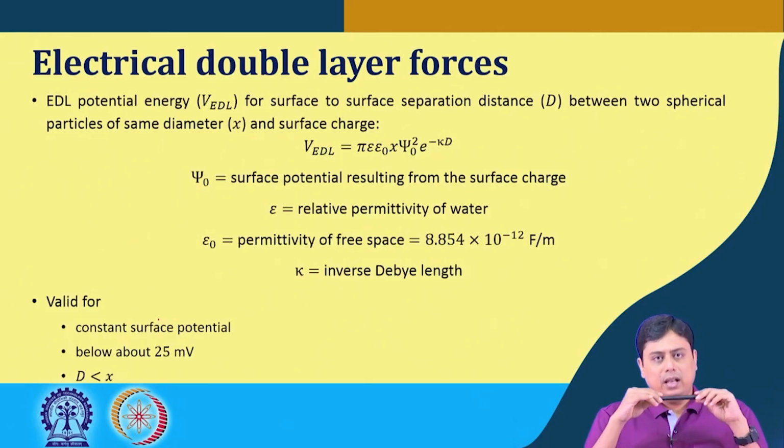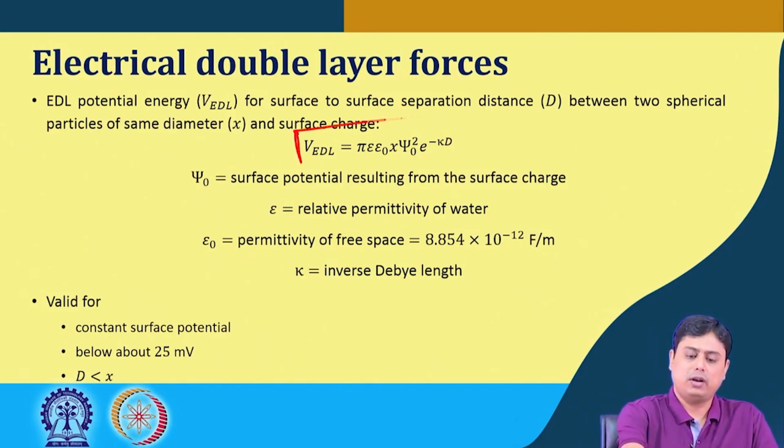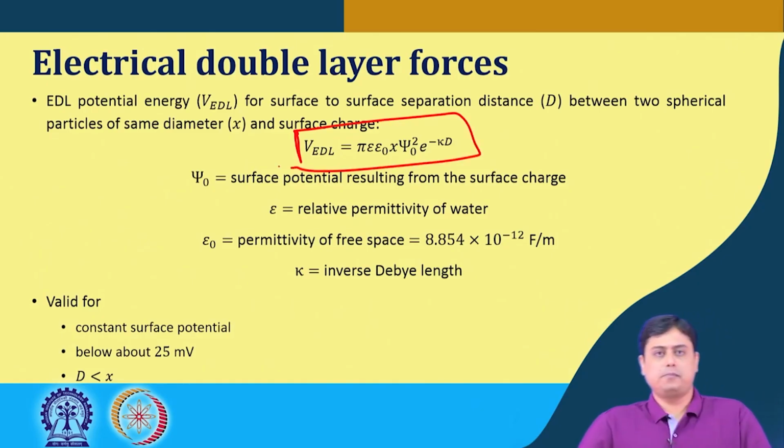So, for a surface to surface separation distance of d between two spherical particles of the same diameter and surface charge, the double layer energy can be written in this form, where epsilon is the relative permittivity of water and epsilon 0 is the permittivity of free space.